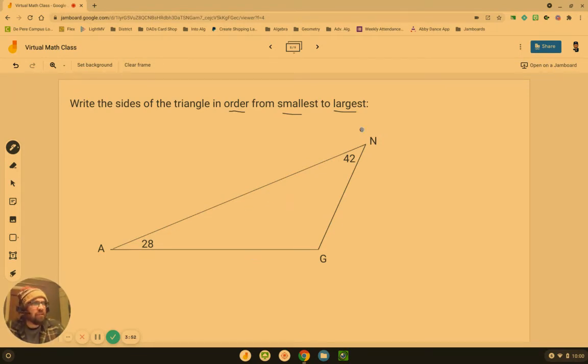So 28 and 42 is 70. That leaves us with 110 degrees down here. So let's look for the smallest side first, based on the angle measure. If 28 is the smallest, that means that the side opposite is going to be the smallest.